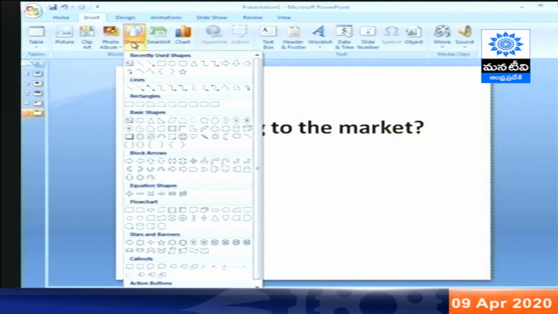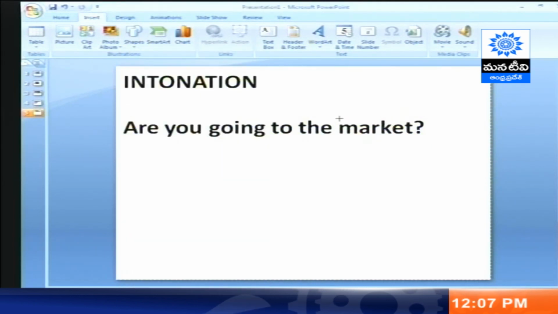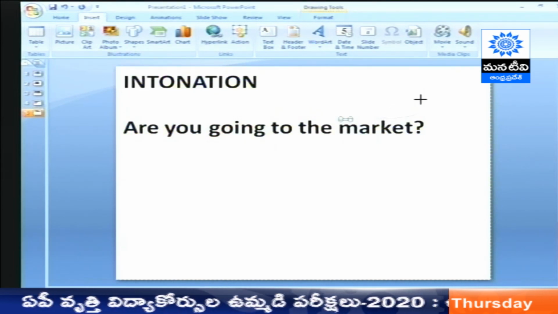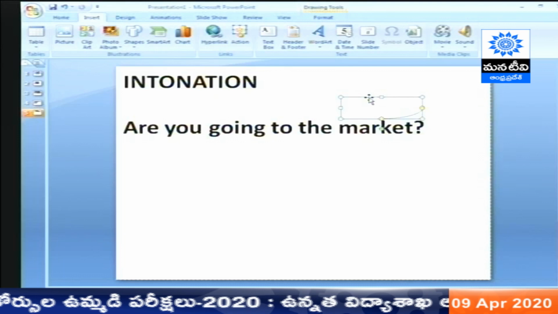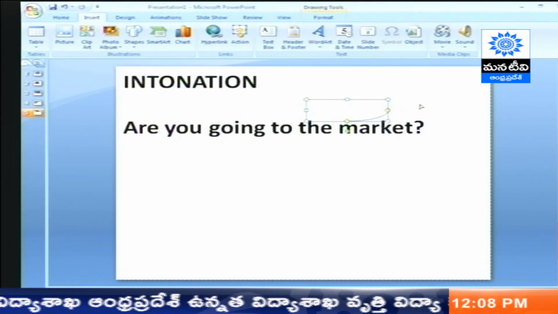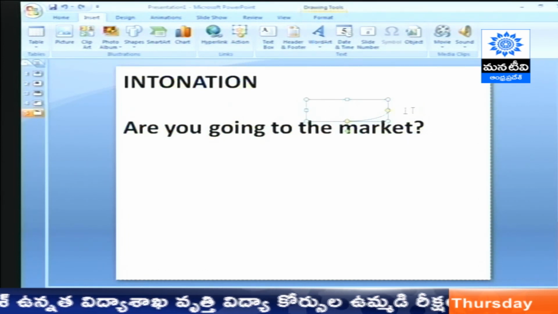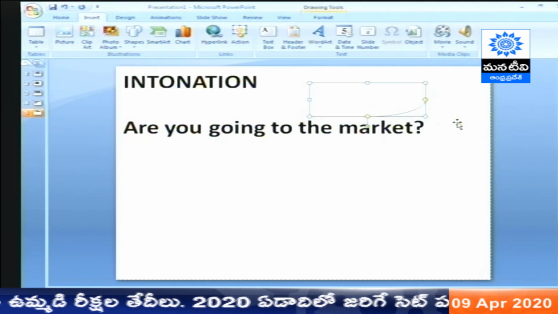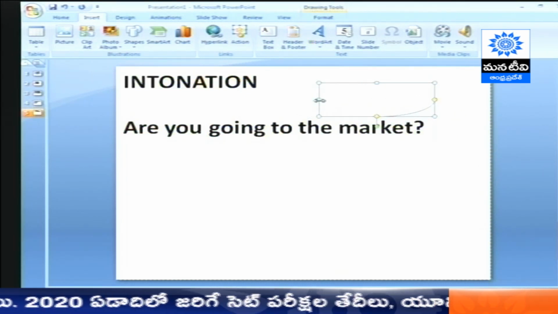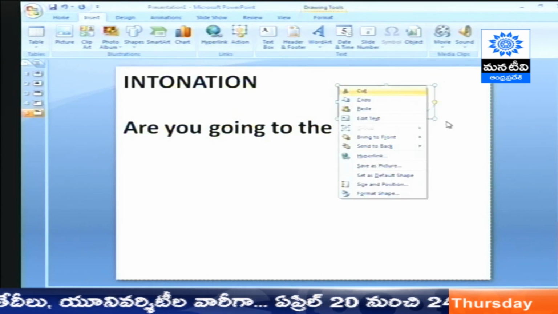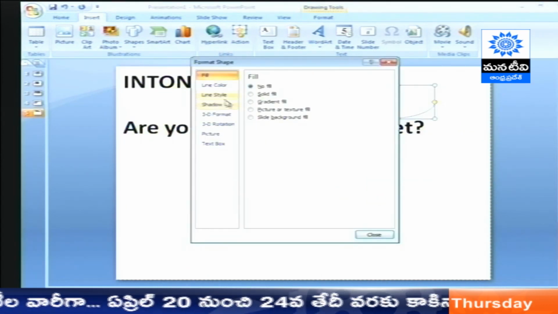Now, what do I mean by rising tone? Let me quickly display this particular word. I'm just trying to make it easier for you. Let me change the color so that you can see it clearly.